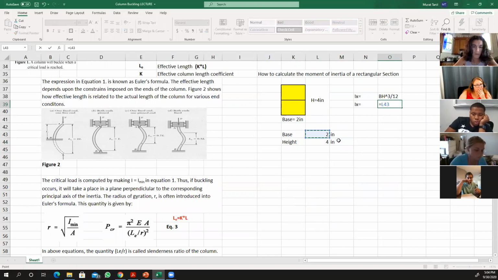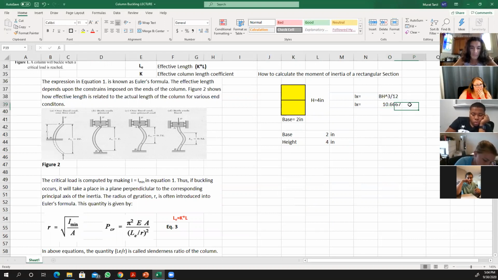So my base times height cube divided by 12, and its unit will be inch to the 4th. So in this case, my base is 2 inch and height is 4 inch.